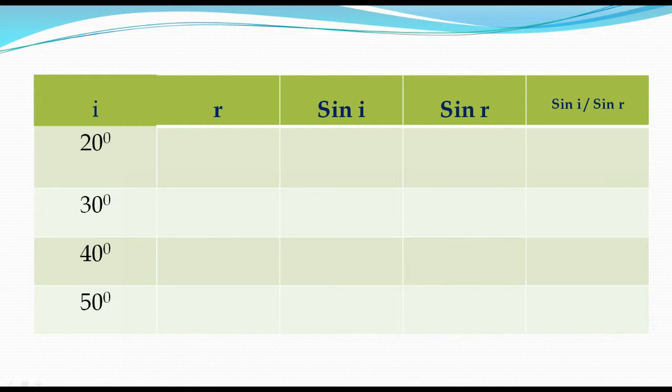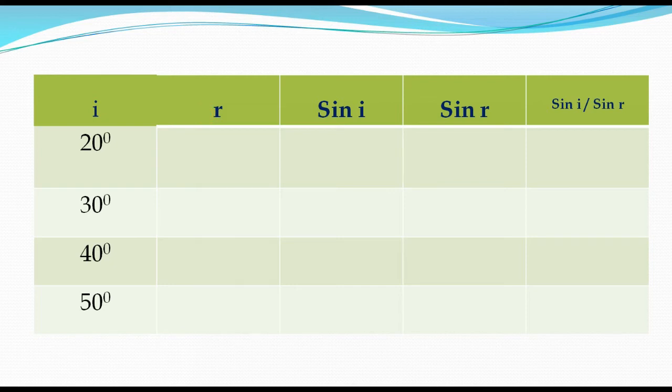This table contains some columns and rows. First column I: I means angle of incidence value, the angle between the incident ray and the normal. Second column R: R means angle of refraction, the angle between the refracted ray and the normal.